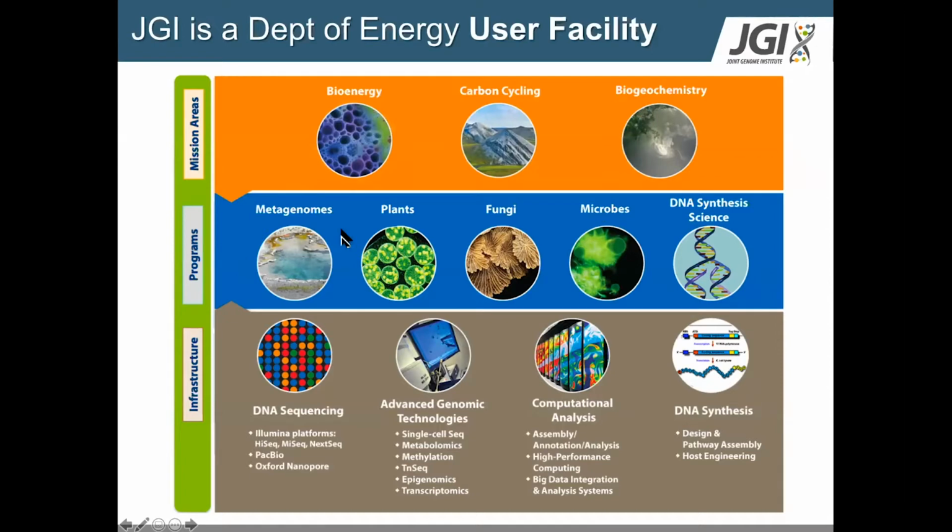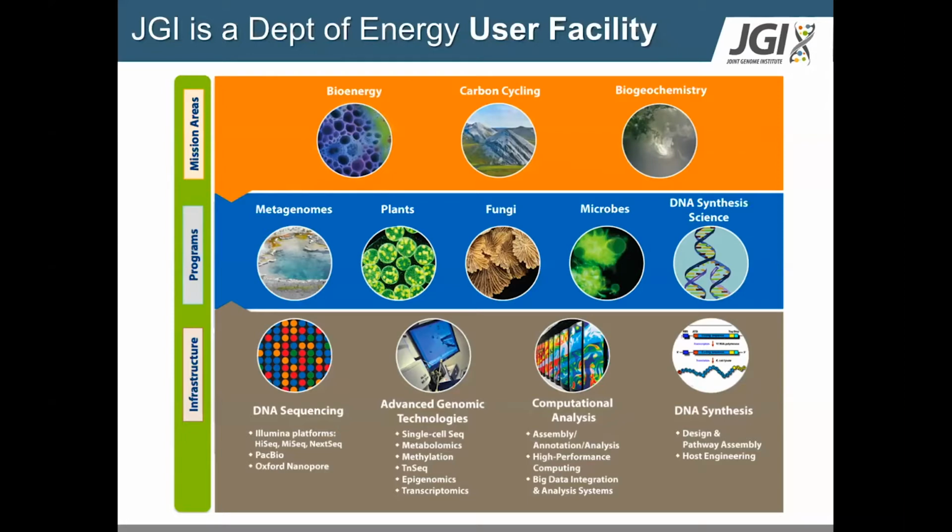We also have a plant program, a fungal program, and probably the most recent addition in the last 5+ years is our DNA synthesis program. And really what I want you to take home at the end of the day is that we are definitely known for our DNA sequencing and our advanced DNA technologies, but we do have a lot of capabilities beyond sequencing.